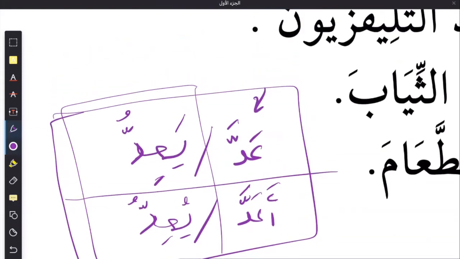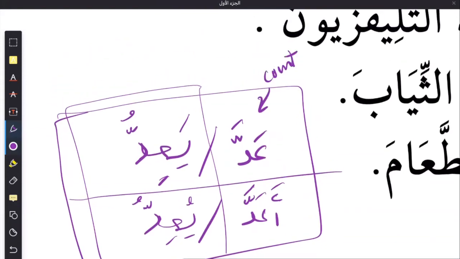It means to count. You count something, you're counting money. And you can use this count also like how in English we say I count him as my friend, meaning I consider him as my friend. This would be a secondary usage, but the primary usage of adda is to count.